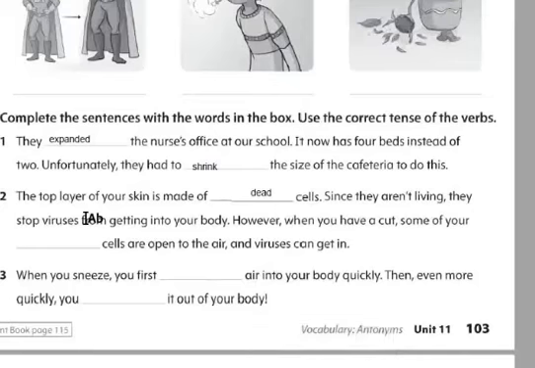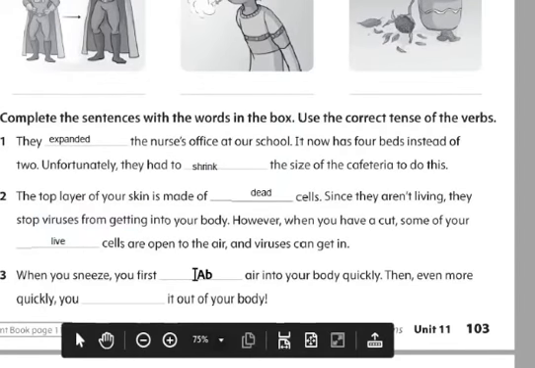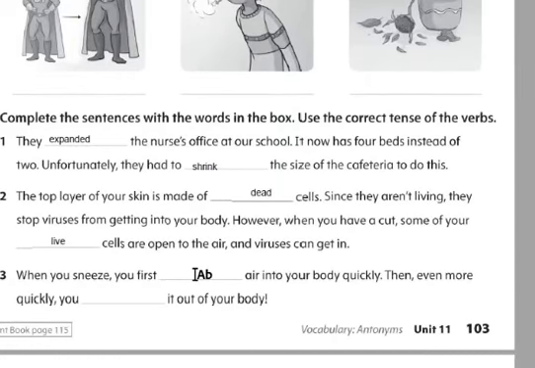However, when you have a cut, some of your cells are open to the air and viruses can get in. So what is the opposite of dead? For sure it's live, its antonym. Dead cells and live cells. Now number 3, the last one. When you sneeze, you first air into your body quickly.